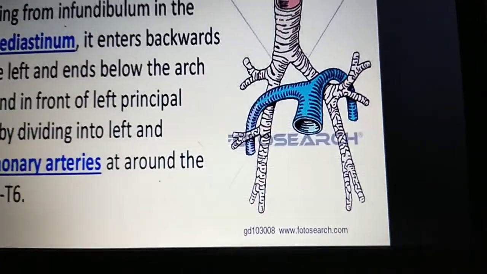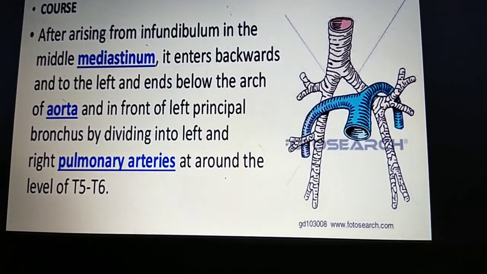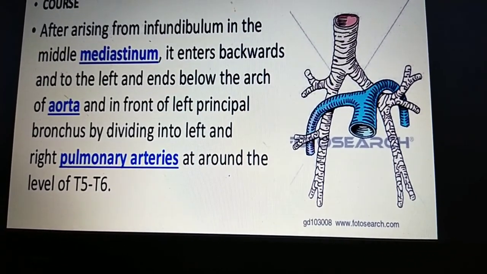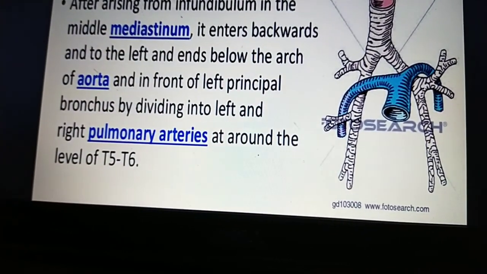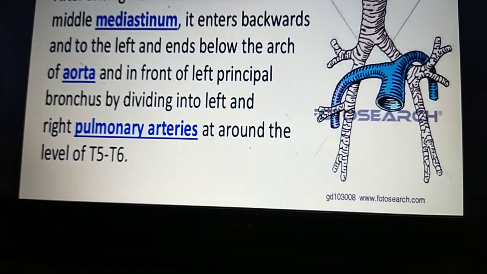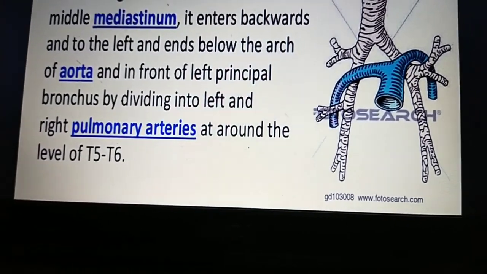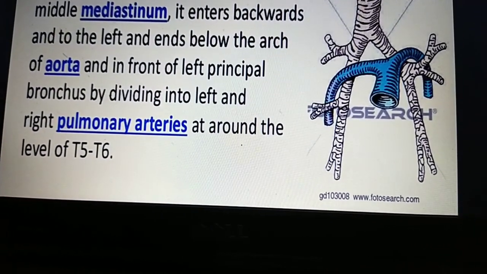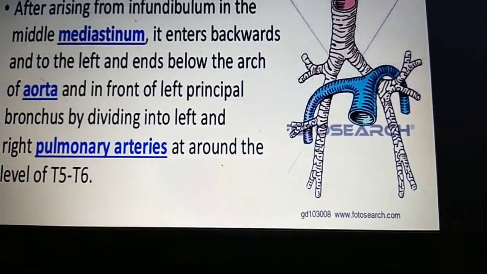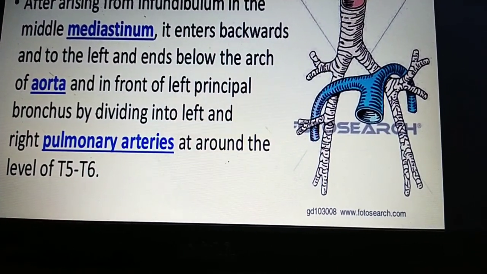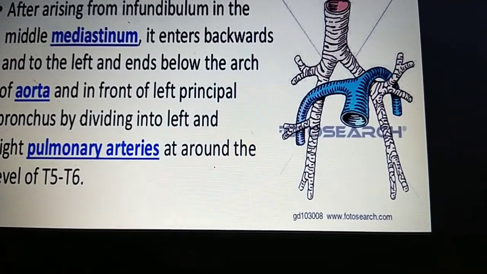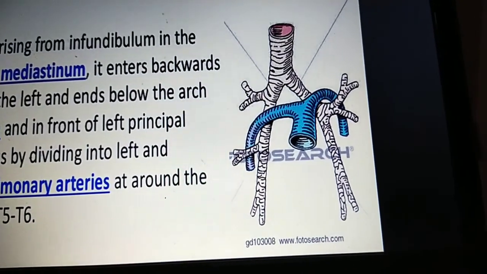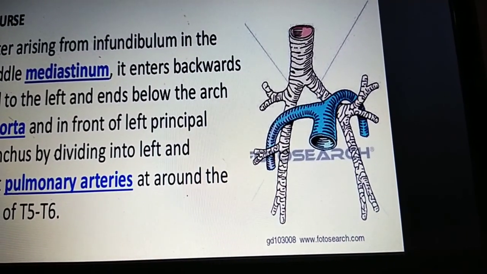It arises from the infundibulum of the right ventricle, first moves anteriorly, then ascends upwards alongside the ascending aorta. It continues upwards, overlaps the root of the ascending aorta and passes posteriorly. Then it passes backwards and to the left and ends below the arch of the aorta and in front of the left principal bronchus.